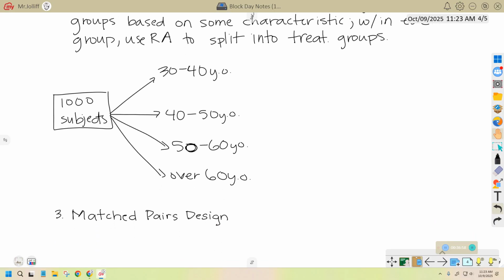Notice that when I take my 1,000 subjects and I split them by age range, it's very unlikely I'm going to get equal age ranges. It's unlikely that there's 250 in each of those 4 groups. So let's say lots of old people, 600, 200.